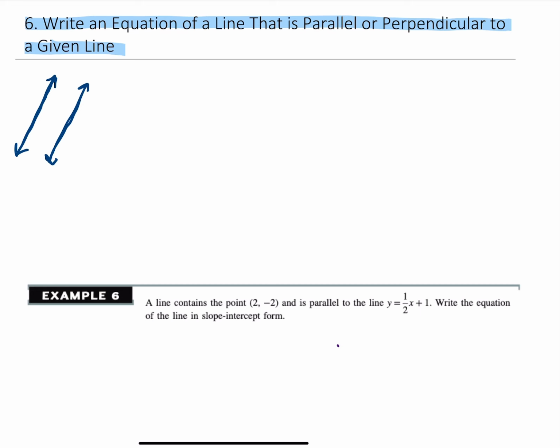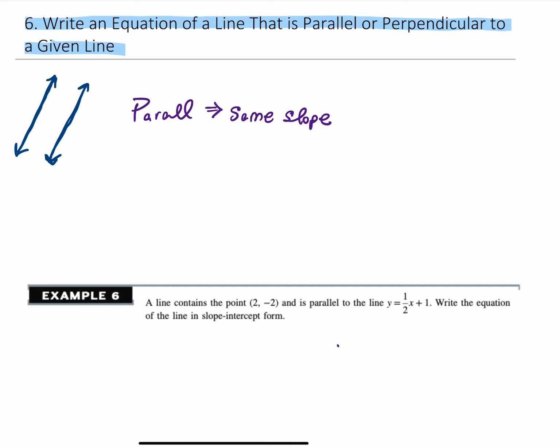And the key attribute of parallel lines is that they have the same slope. So if you know that our line is parallel to some line, it will have the exact same slope. The y-intercept will be different, but the slope will be the same.